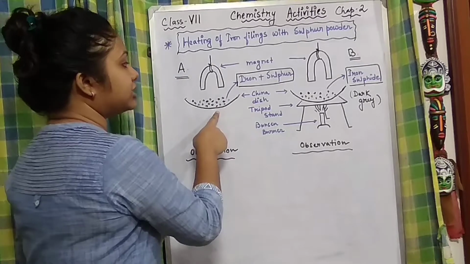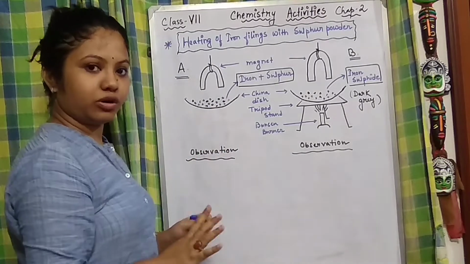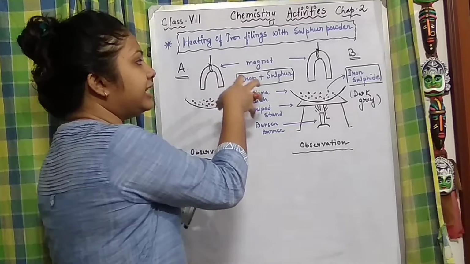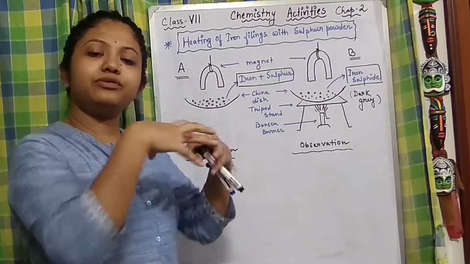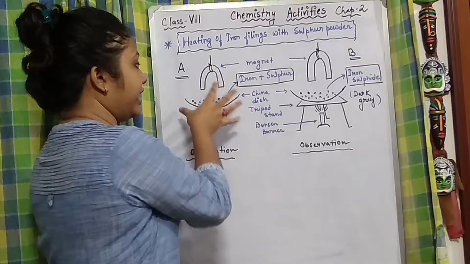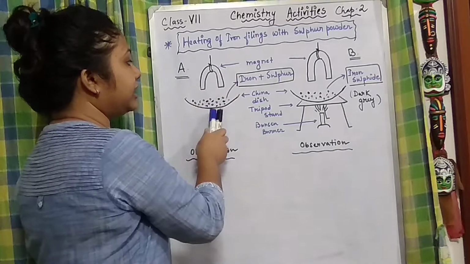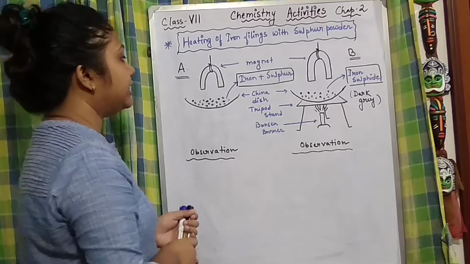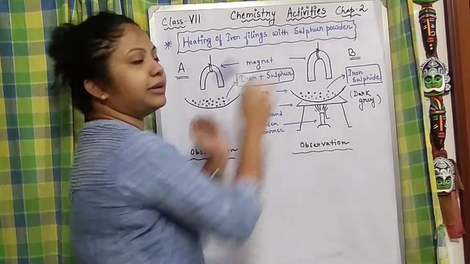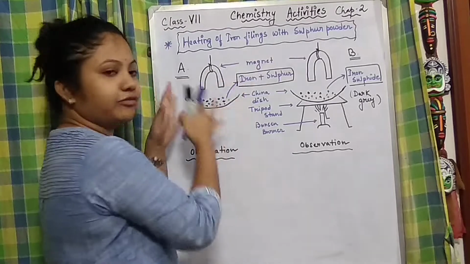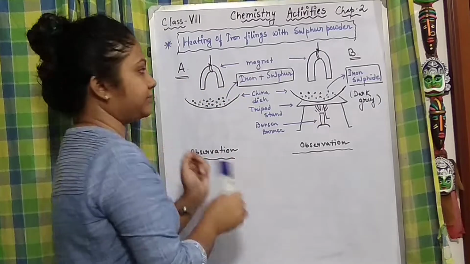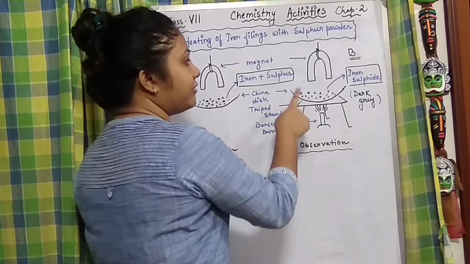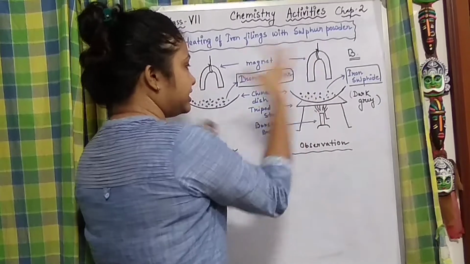Alright, so let's see what we have done in the first set. We have taken a china clay dish, and we have poured some iron filings and some sulfur powder, and we have mixed them together and kept them inside the china clay dish. Then in set B, we have taken the same mixture.